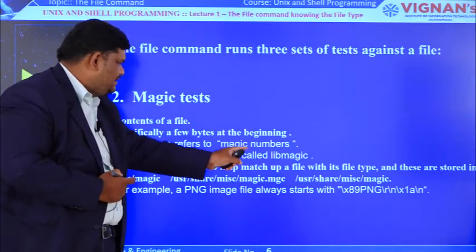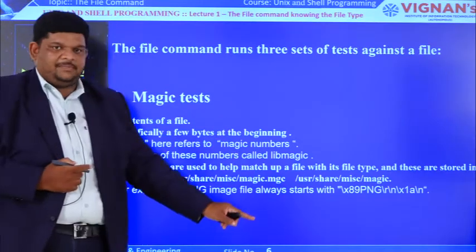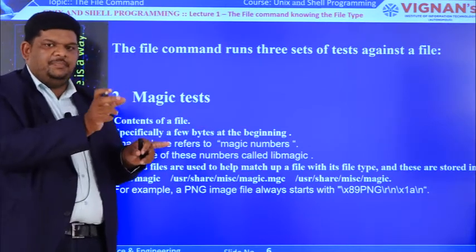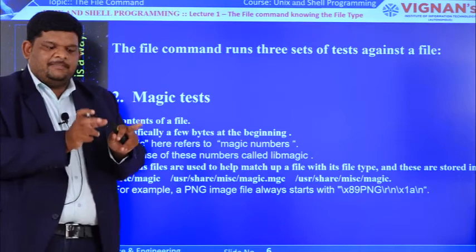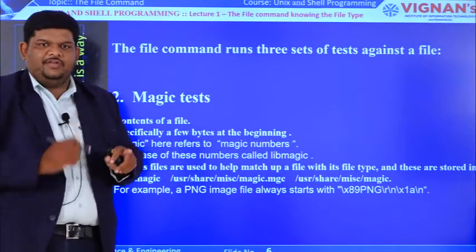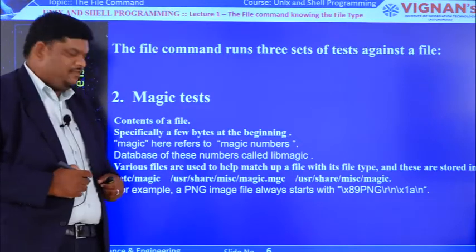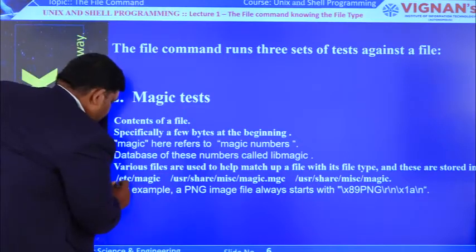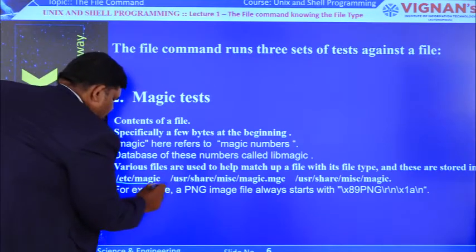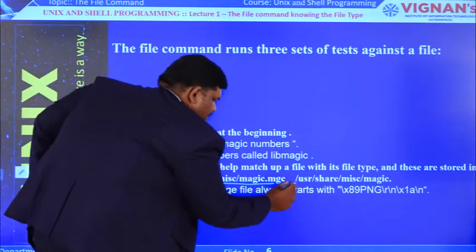These are some default libraries. With the default libraries, it compares the starting few bytes of a file and decides whether it is a PDF, an image file, or an audio file. Like that, the magic test performs. These are all default libraries, nothing but magic numbers.